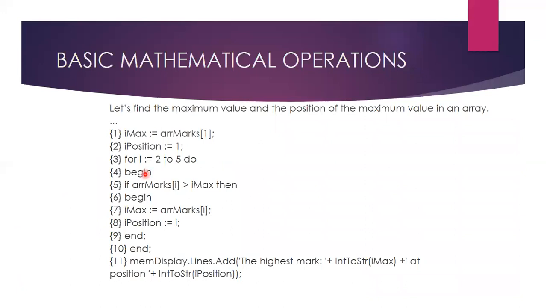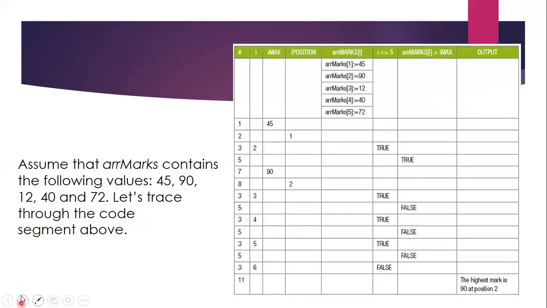Quite normally in your flowchart, we wouldn't actually give the begin and end a line, but if you wanted to, you could do it that way. Line 5 was, is R marks position 1 greater than I max? True. Then I'm going to go to line 7.